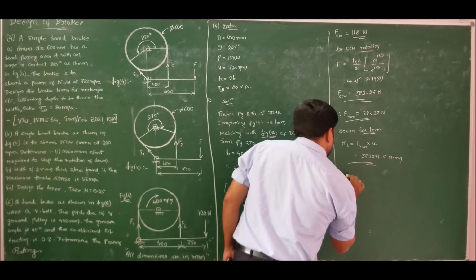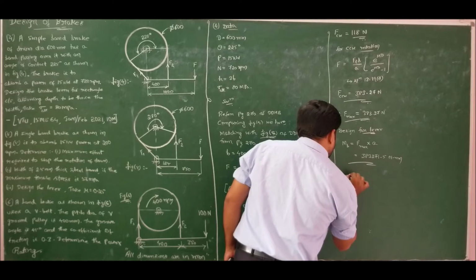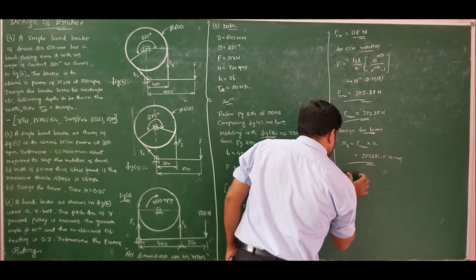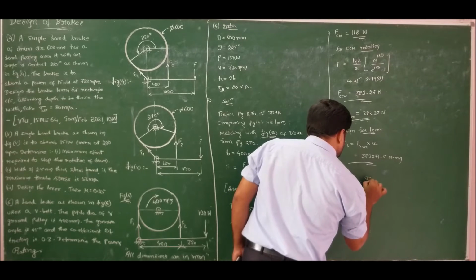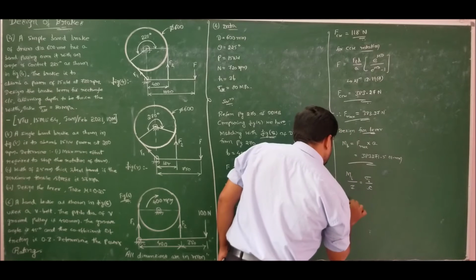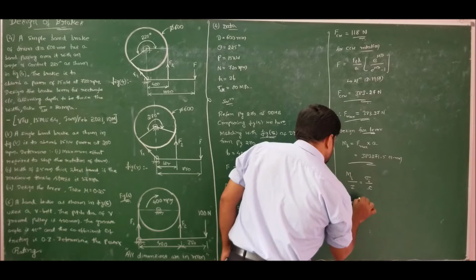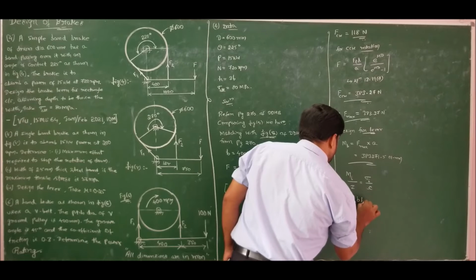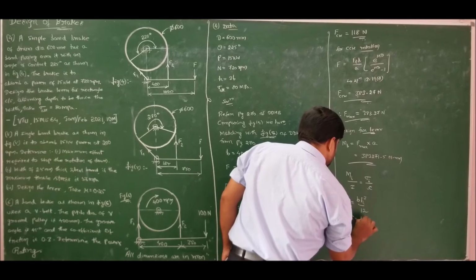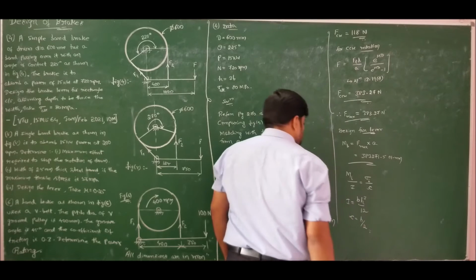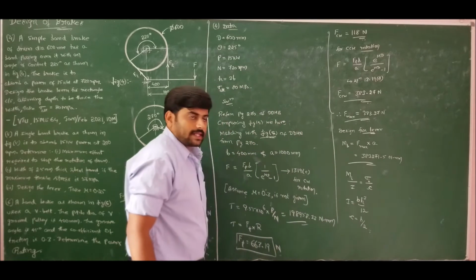Now we have the expression for design of the lever as Mb by I is equal to sigma b by c, where I is equal to bh cube by 12 for rectangular cross section and c is equal to h by 2 for rectangular cross section.